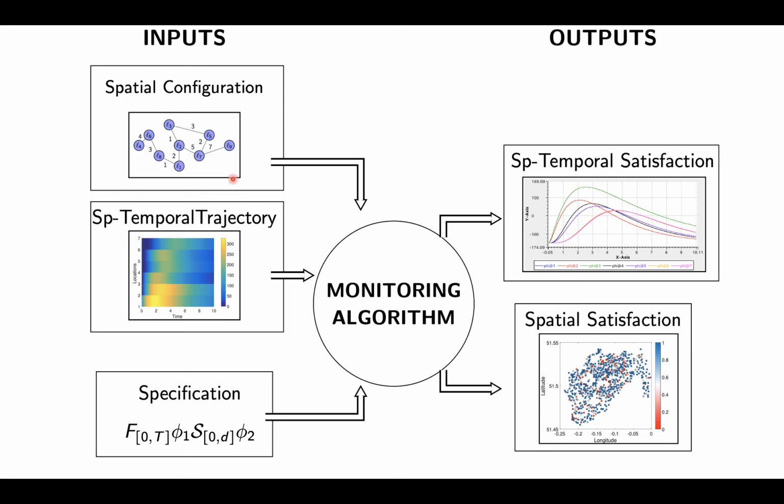And as a solution, instead of just the Boolean and quantitative signal, you will also have the space. In that case, we will not have, as in the temporal case, a zero position, so we will have a solution for each location.